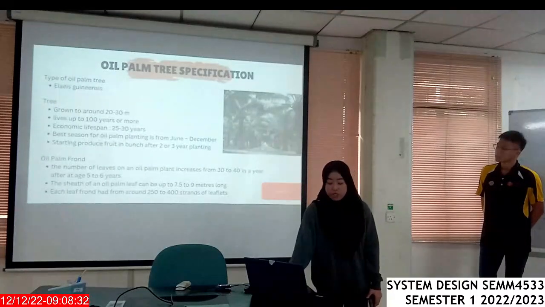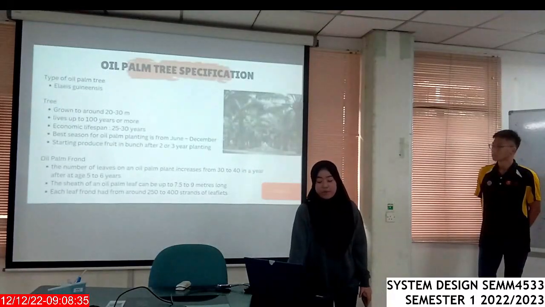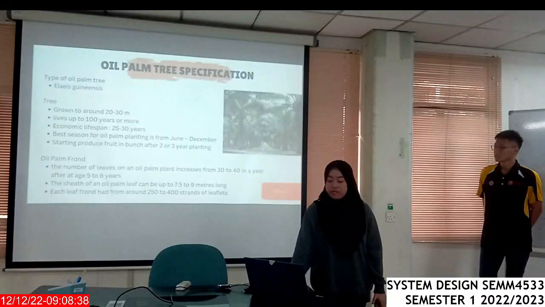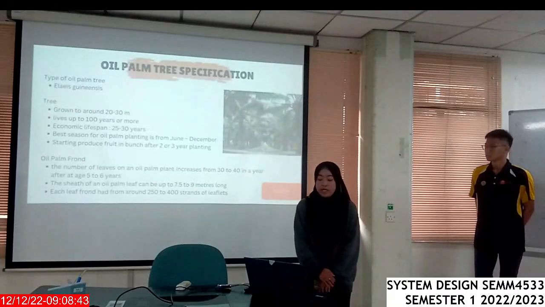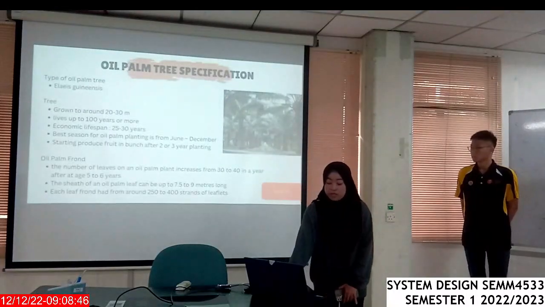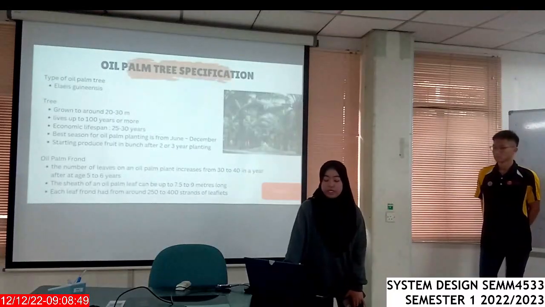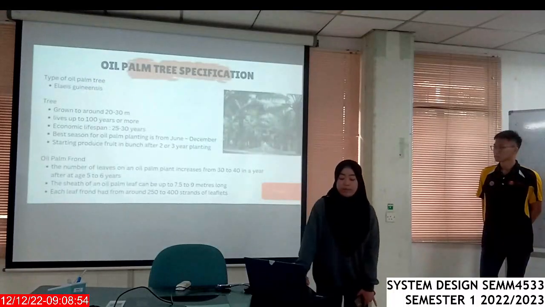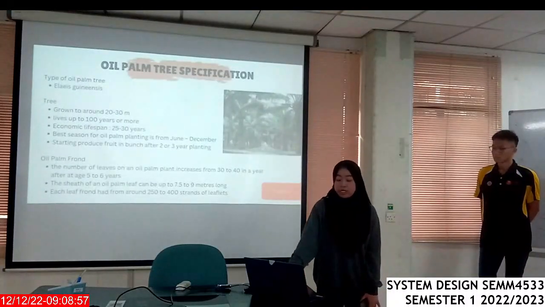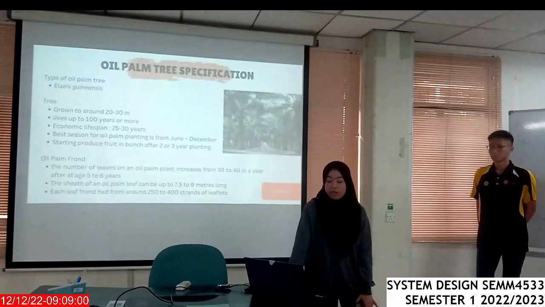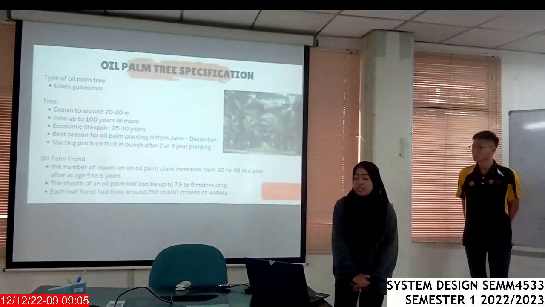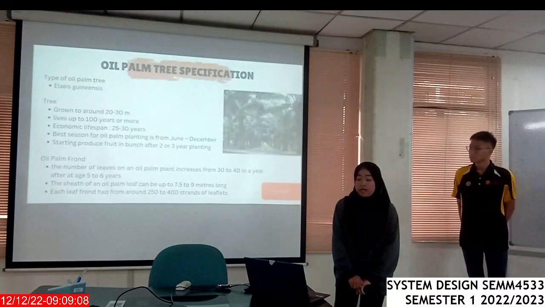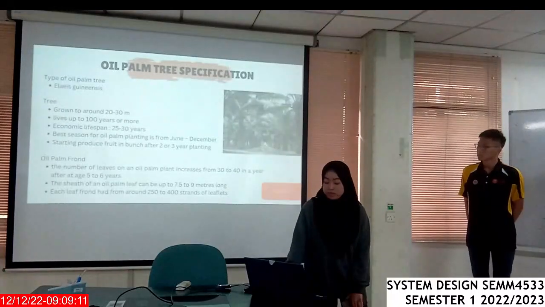The best season for oil palm planting is from June to December. The palm starts to produce fruit in batches after 2 or 3 years of planting. On an oil palm farm, the number of leaves on the plant increases from 30 to 40 in a year after age 5 to 6 years.